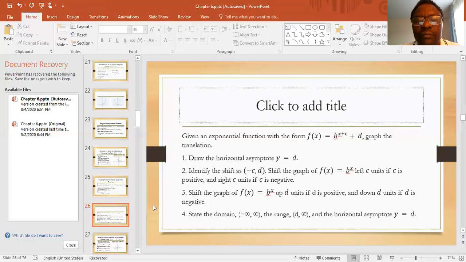So, to draw the graph, we will first draw the horizontal asymptote y equals d, and then identify the shift as (-c, d). Shift the graph of f of x left c units if c is positive, and right c units if c is negative. And shift the graph of b raised to x up d units if d is positive, and down d units if d is negative. Then we state the domain and the range.